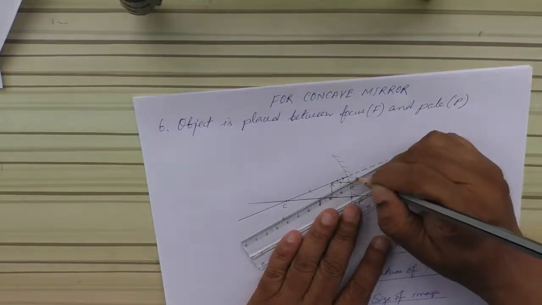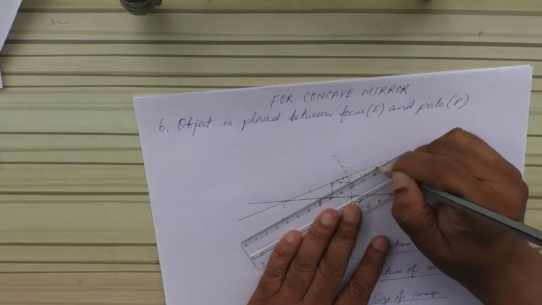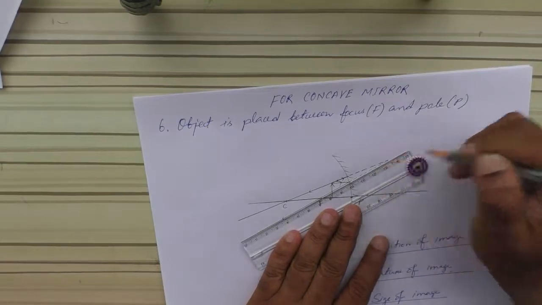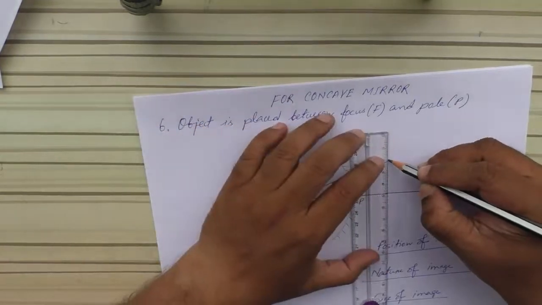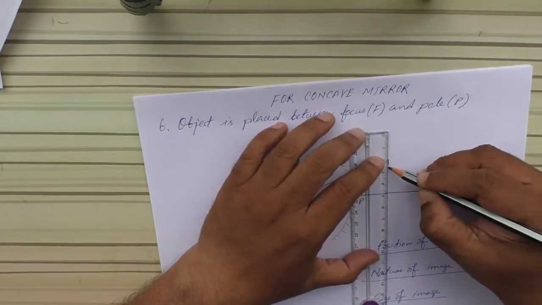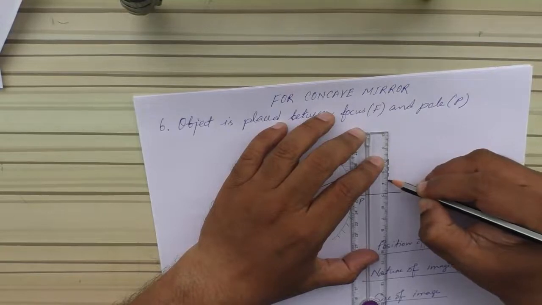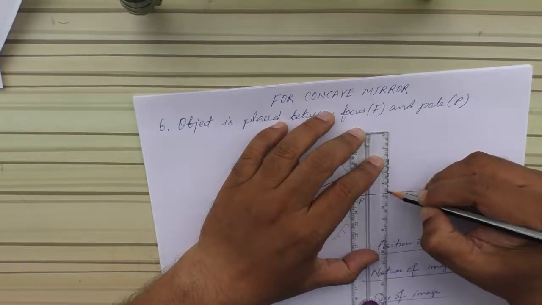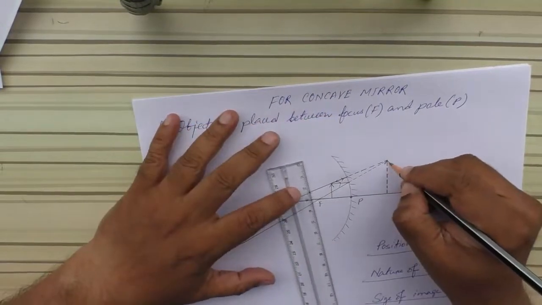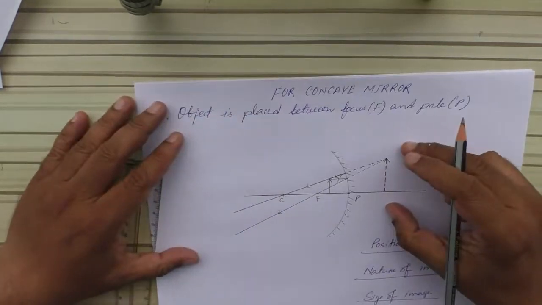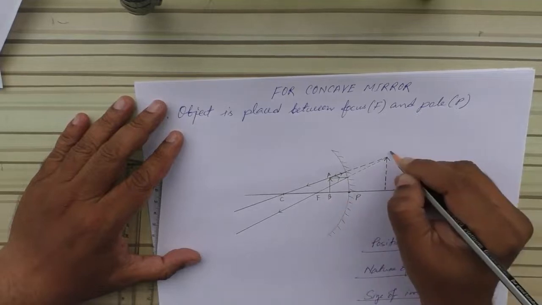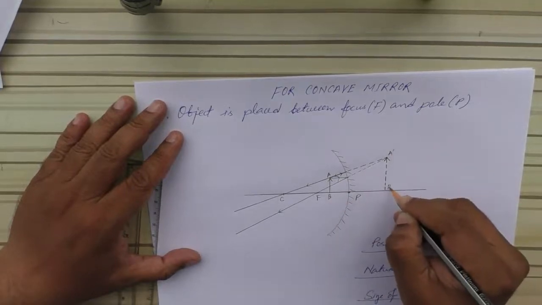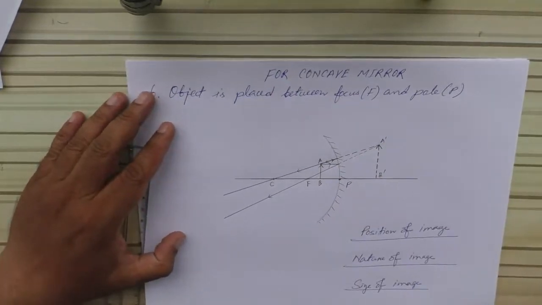When I produce these 2 light rays back, the 2 light rays appear to diverge from this point, and here we can draw a perpendicular in dotted line. This will represent the image. So if AB is the object, A dash B dash is representing the image.